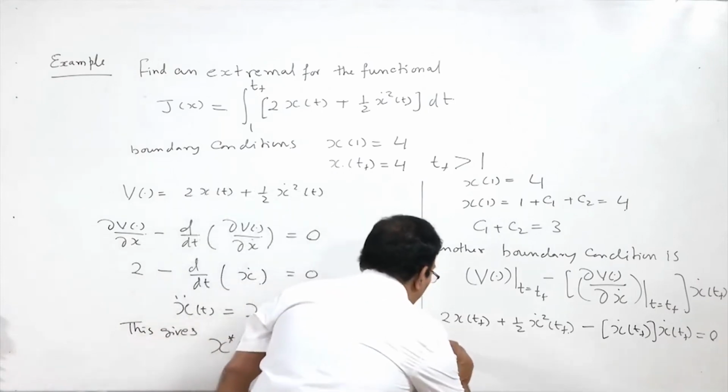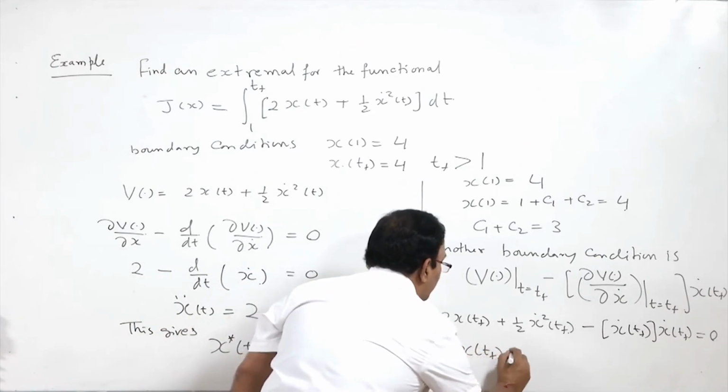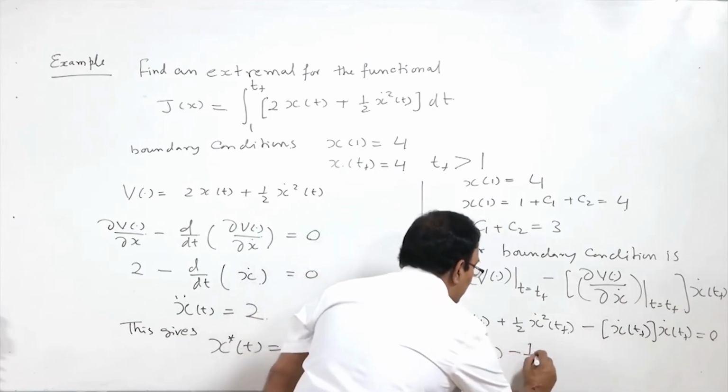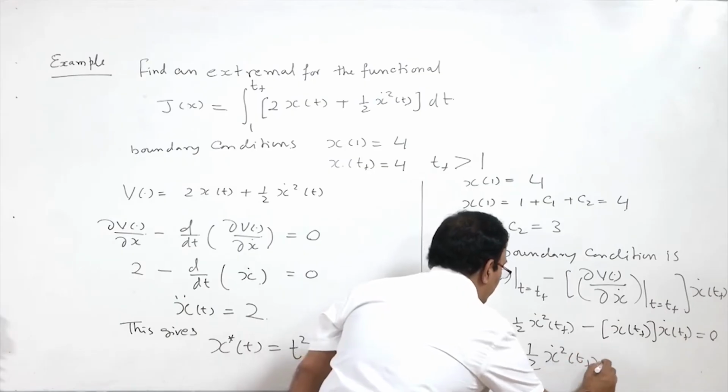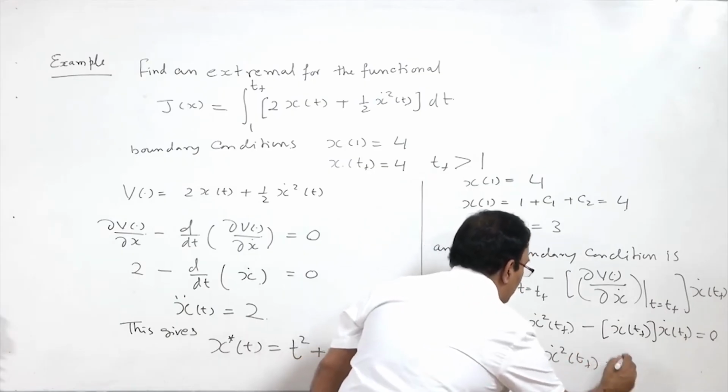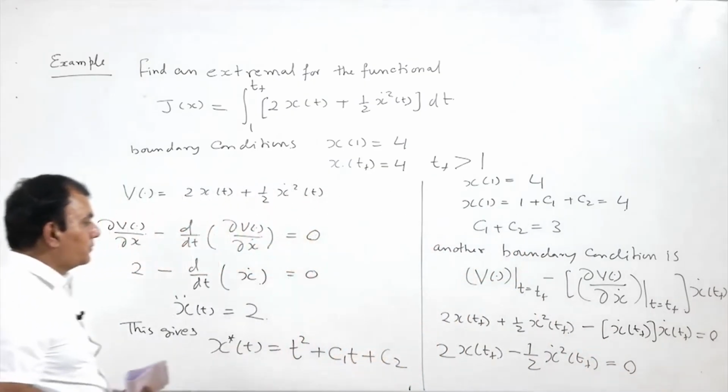So, I am simply getting 2x of tf minus 1/2 ẋ² of tf, that is equal to 0.